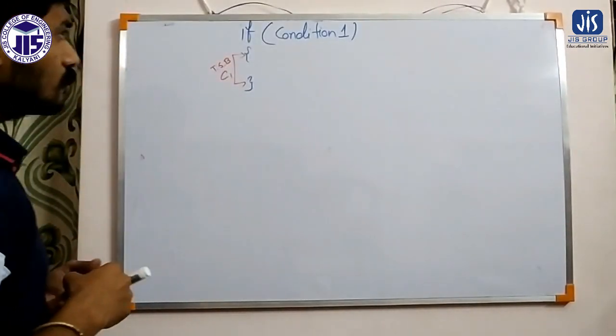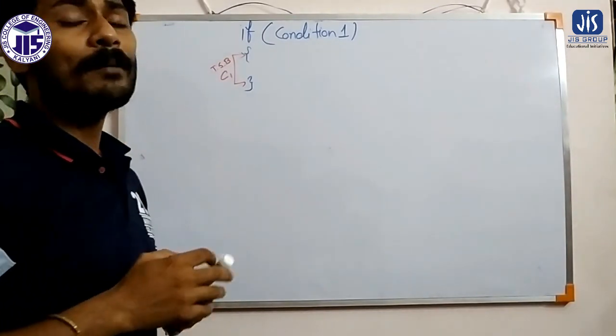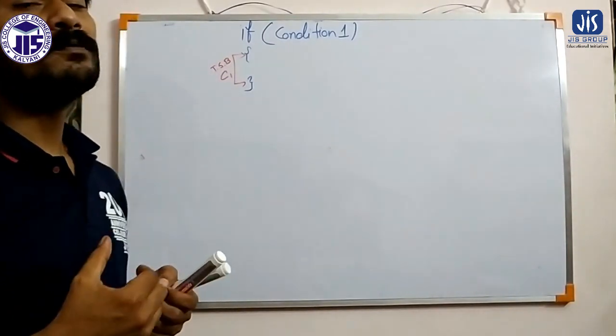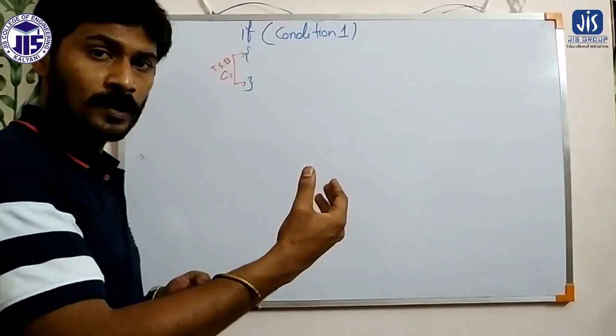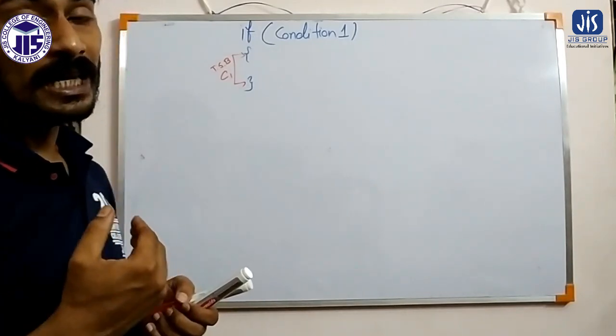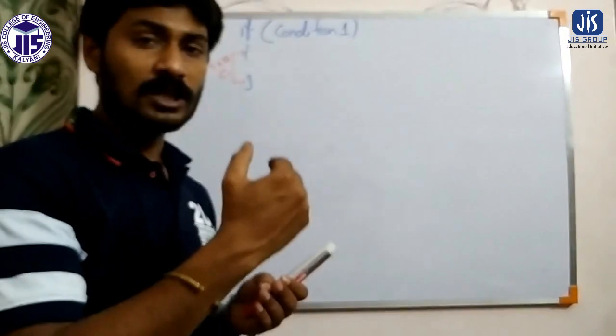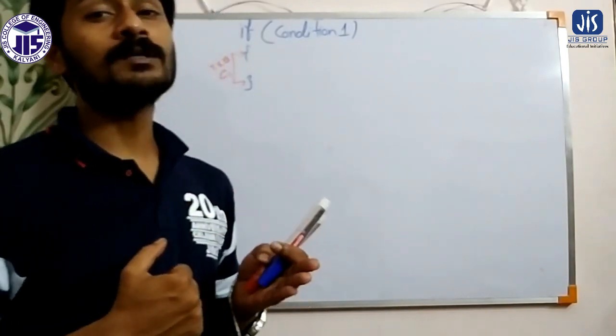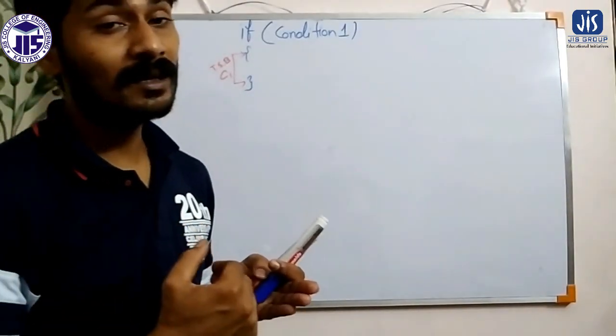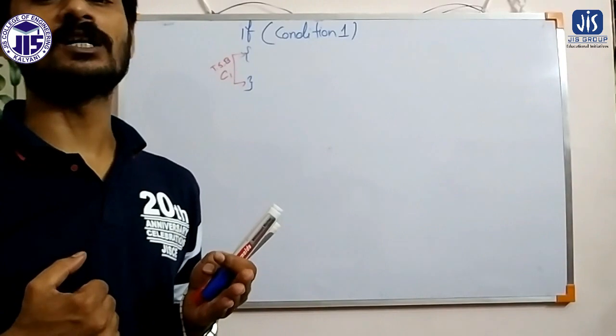Now, we are going to apply the second condition if the previous condition, that is condition 1, is false. That means condition 2 will come under the false statement block of condition 1.